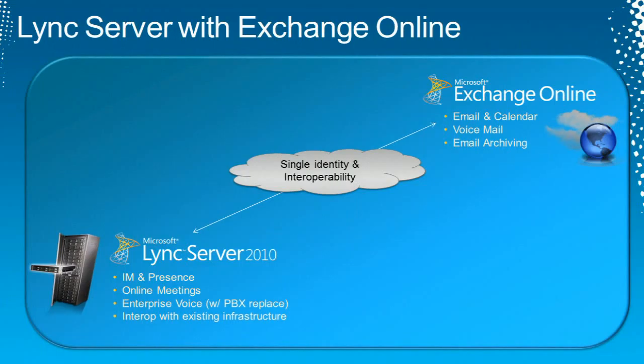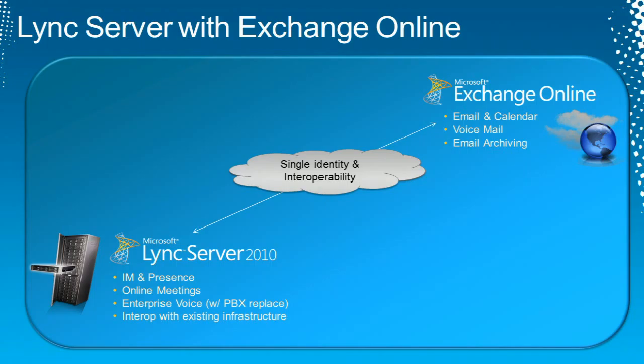So for large enterprise companies that are looking to get the full value of UC, this is a topology or architecture that really makes sense and that works out of the box.